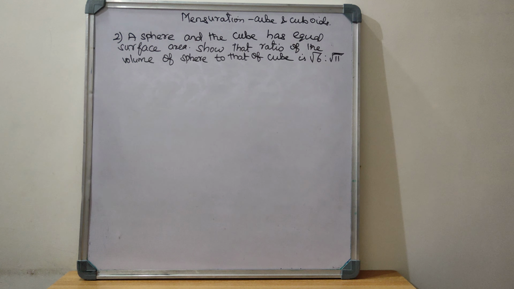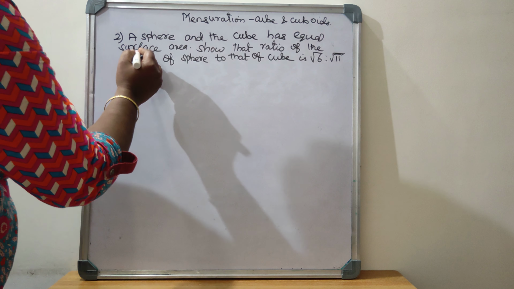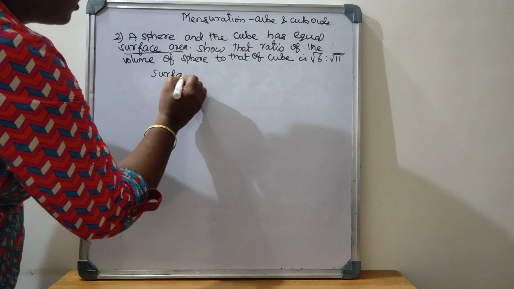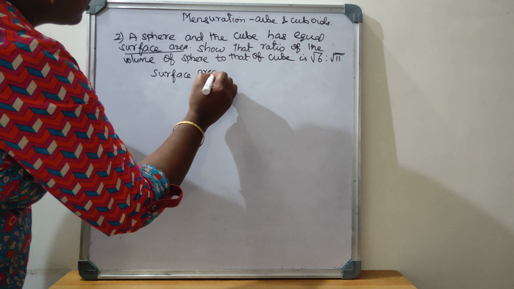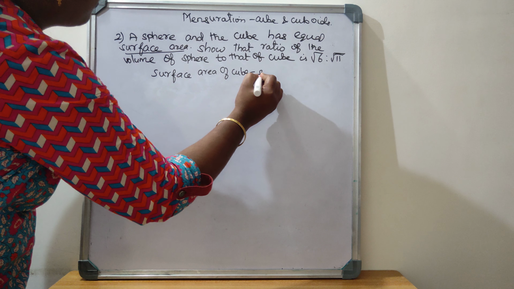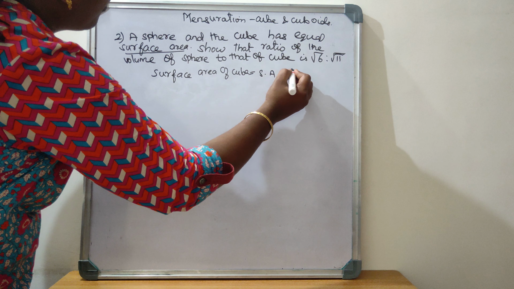So by using the relationship between the surface areas, we're going to solve for the volume of the sphere to that of the cube, and you have to show root 6 is to root pi. First, since they have told that the surface area is equal, surface area of cube equals surface area of sphere.